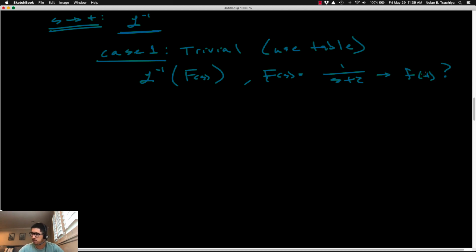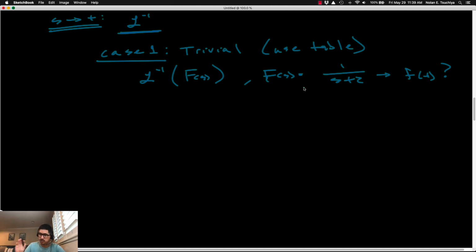What is the time domain representation of f of s equals 1 over s plus 2? If you didn't have the Laplace table, you'd have to apply the inverse Laplace integral to get that, and that's just as tedious, if not worse, than the forward Laplace transform integral.